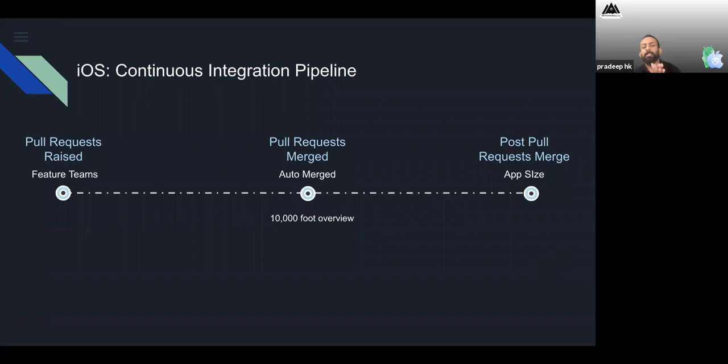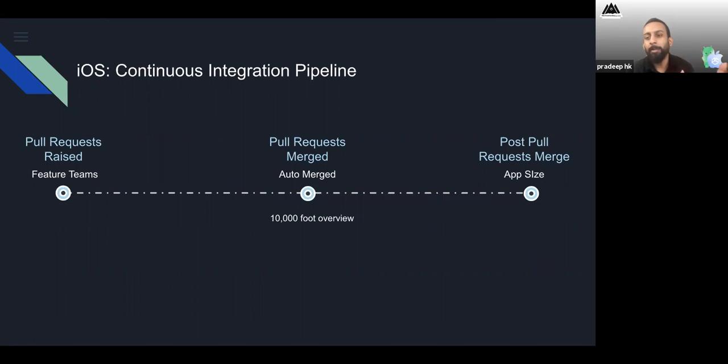So this is just a 10,000 foot overview of an iOS pipeline, how it will look for large projects, especially as you can see from the time pull request is raised till the time it is auto merged to the main branch. And there is a post merge build, just because the release build, what I showed before, it takes like 180 minutes to generate a Preflight or App Store build.